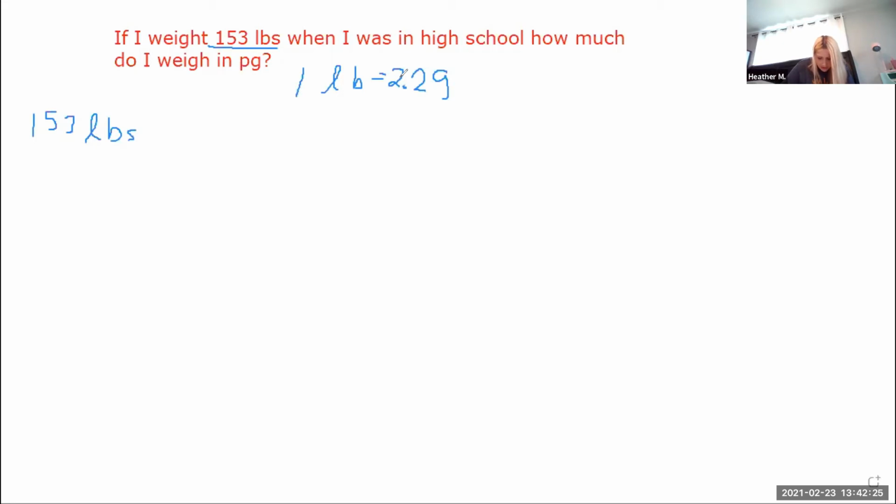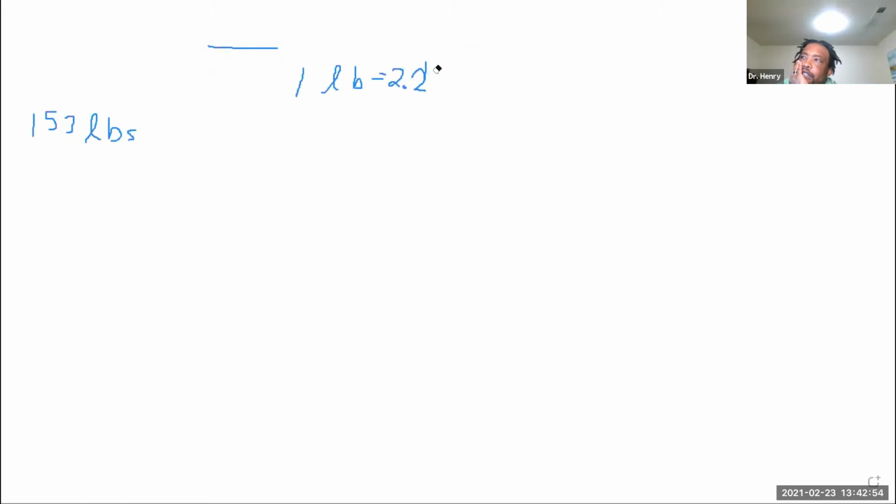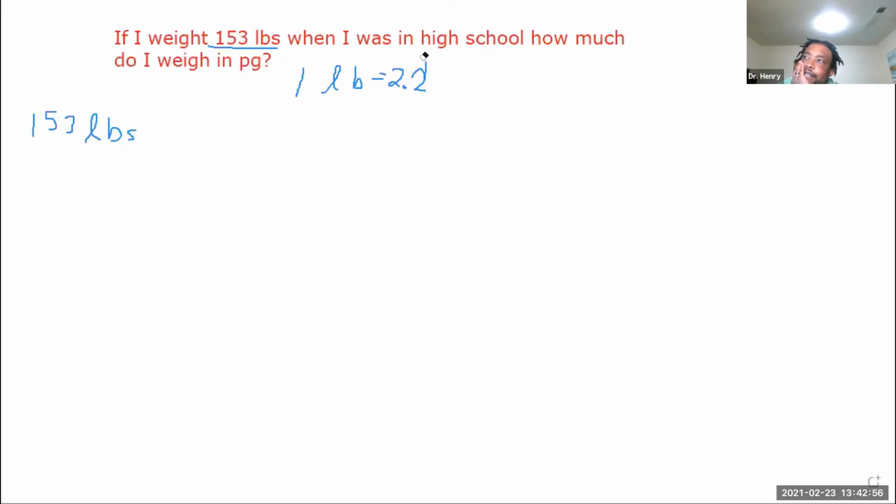Oh, 1 gram is 0.002 pounds. So 2.2 grams is equal to 1 pound. Is that the same thing? 2.2, oh, sorry, kilograms. But you're right, it'll be 1,000 times that amount. It's 2.2 kilograms. My bad.